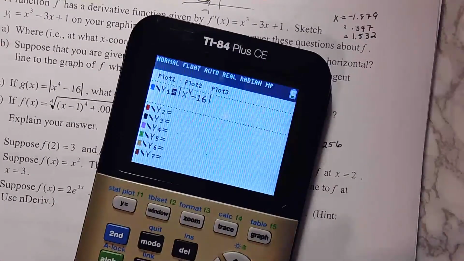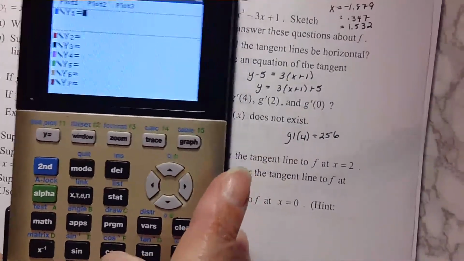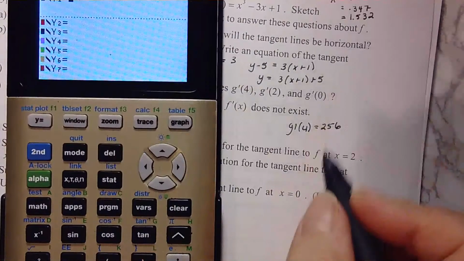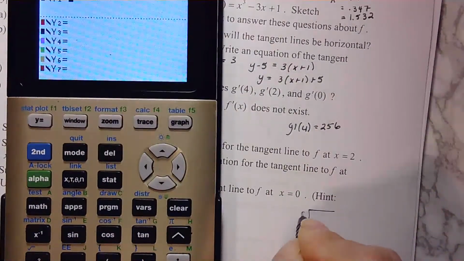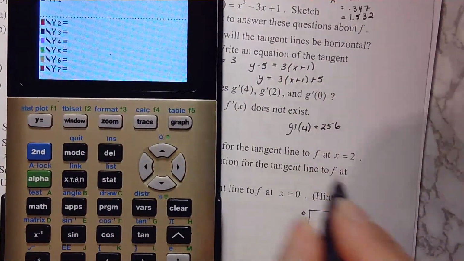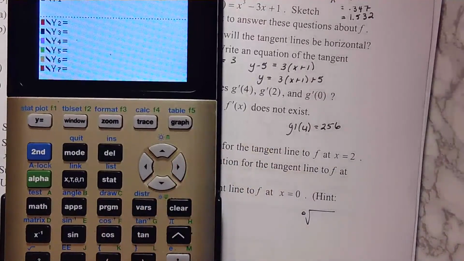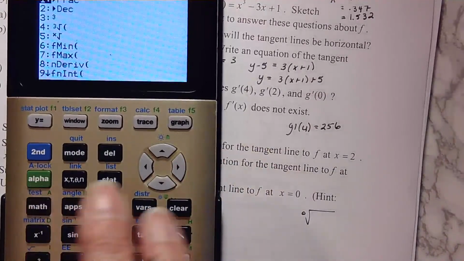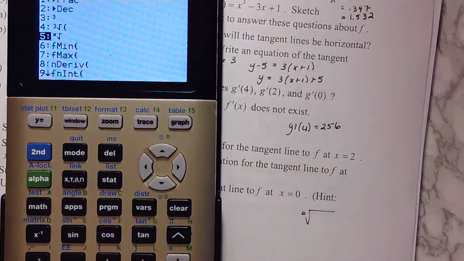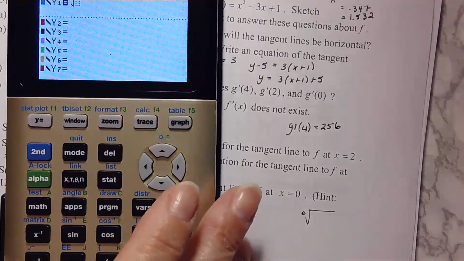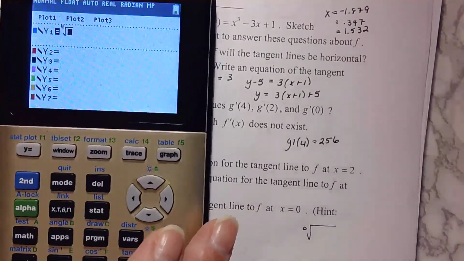Now, in the second part, they've got this 4th root. So again, to put in some weird root index, this little number here is called the index, and this is the 4th root. You need to press the index first and then math, and you scroll down to the x root. Then that will set you up into your fourth root.